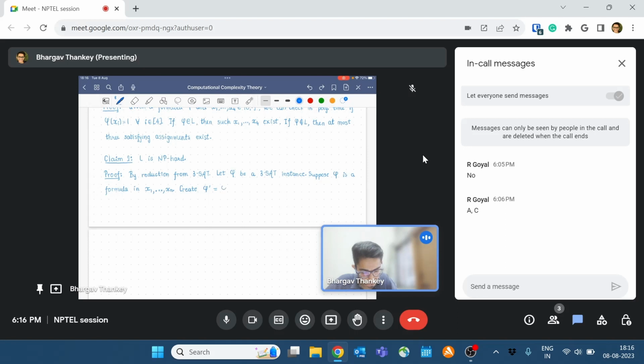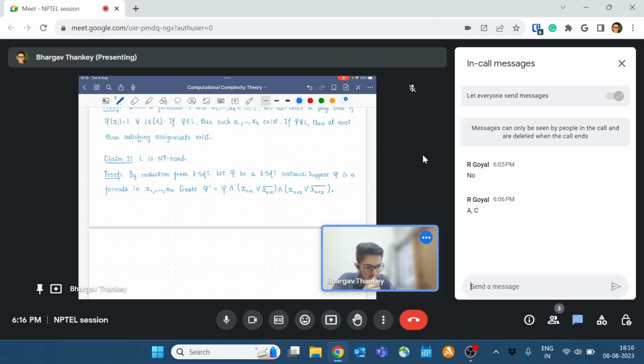So it's this phi, and you add two new variables, xn plus 1 and xn plus 2. So you add two new variables and these two clauses.